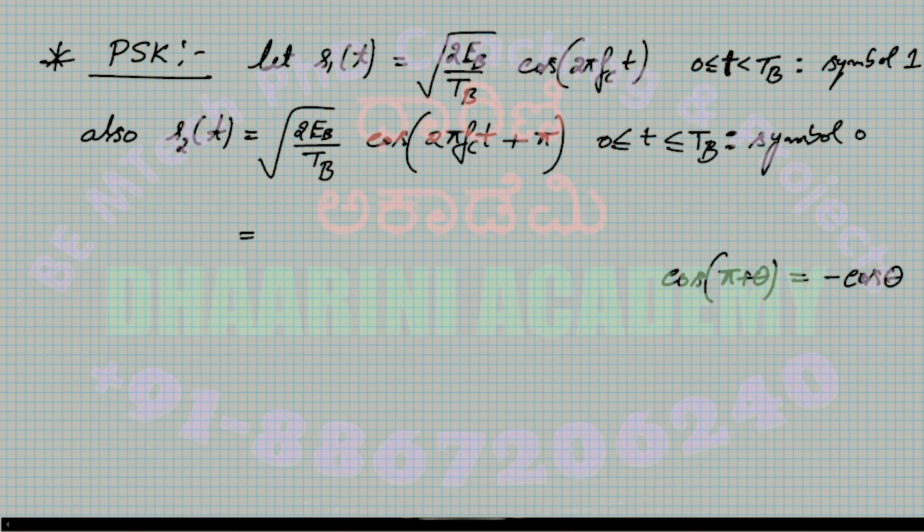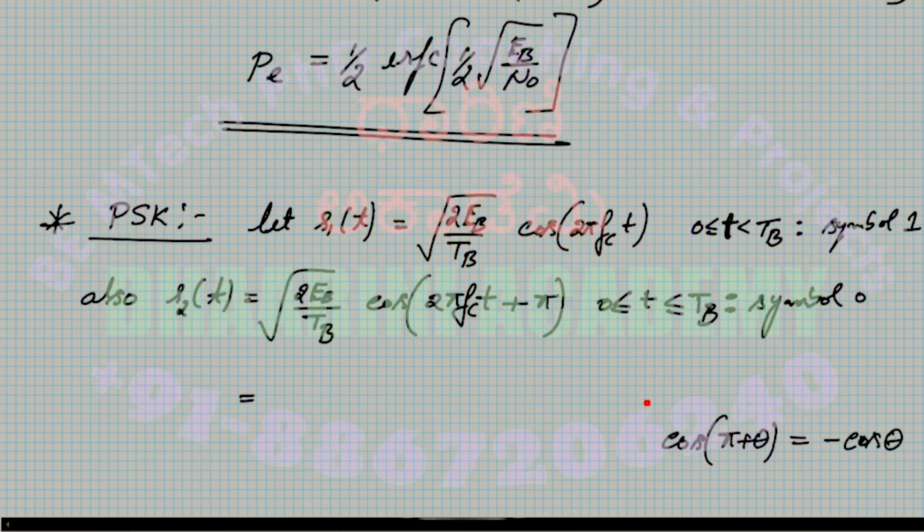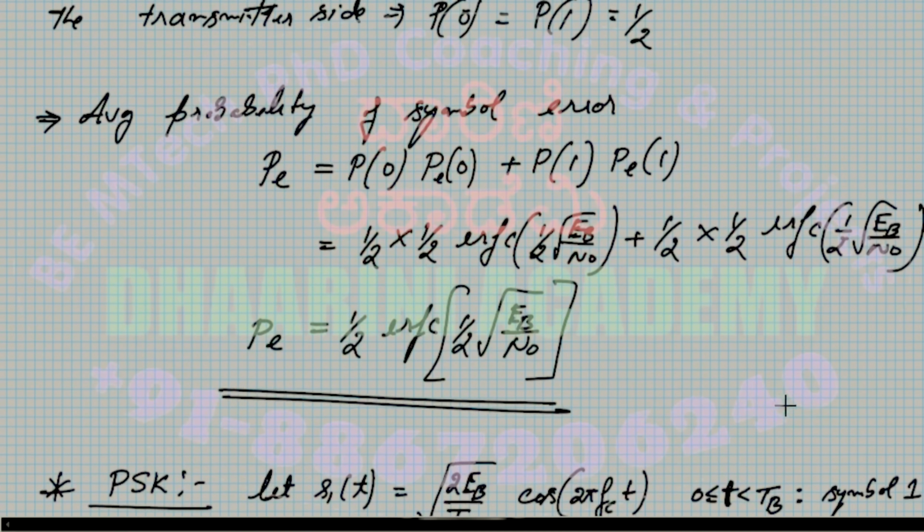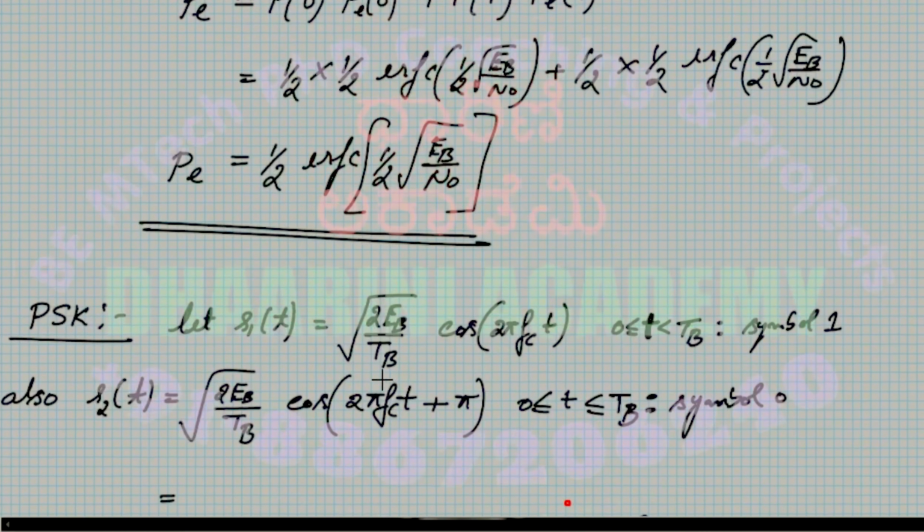So I can use this property now, so that I can convert my above equation of S2 of t, which should look very similar to my function.